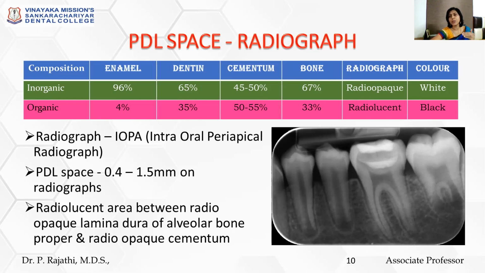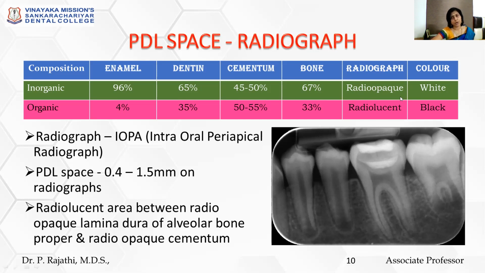Soft tissues are usually radiolucent, so they allow the X-ray beam to pass through. In this X-ray, you can see white and black, right? I've said radiolucent, right? If it is radiolucent, it appears black in color. If it is a soft tissue, it appears black. If it is a hard tissue, it appears radio-opaque. We all know enamel, dentin, cementum and bone are hard tissues, right?